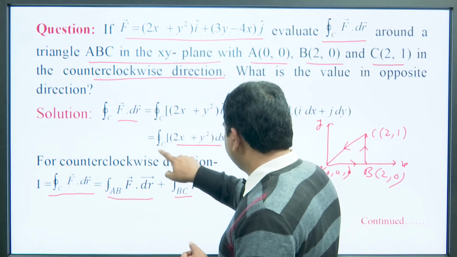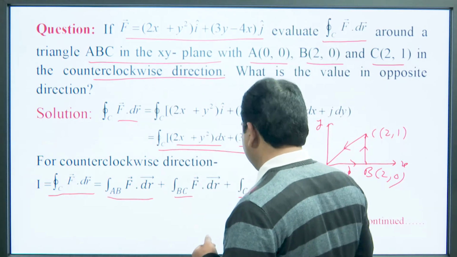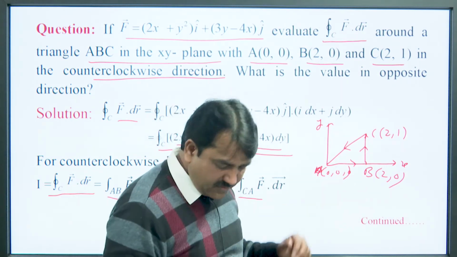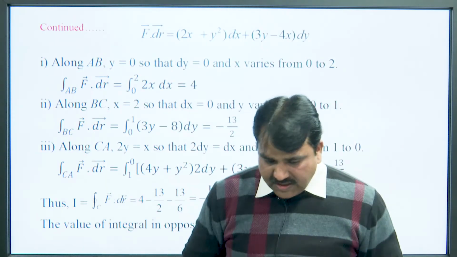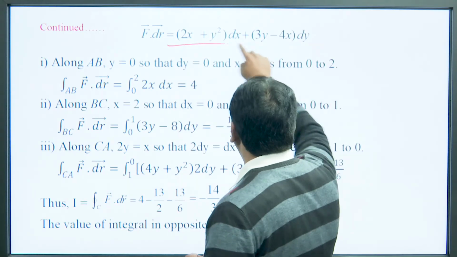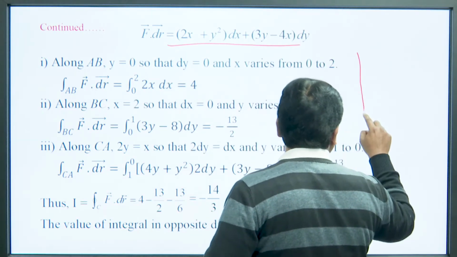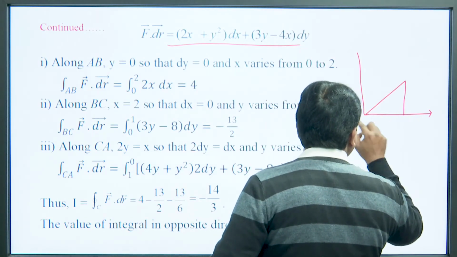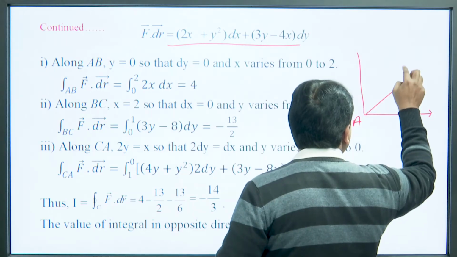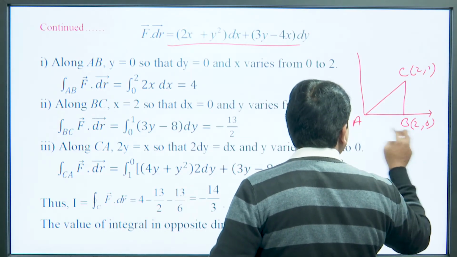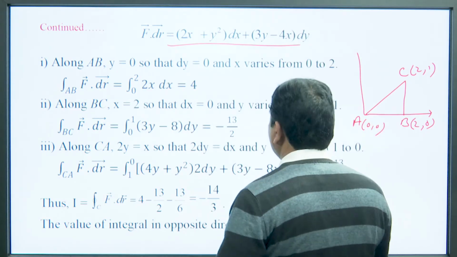Now, we have to evaluate the integral one by one. This is A, this is B, this is C (2, 1), this is (2, 0) and this is (0, 0).